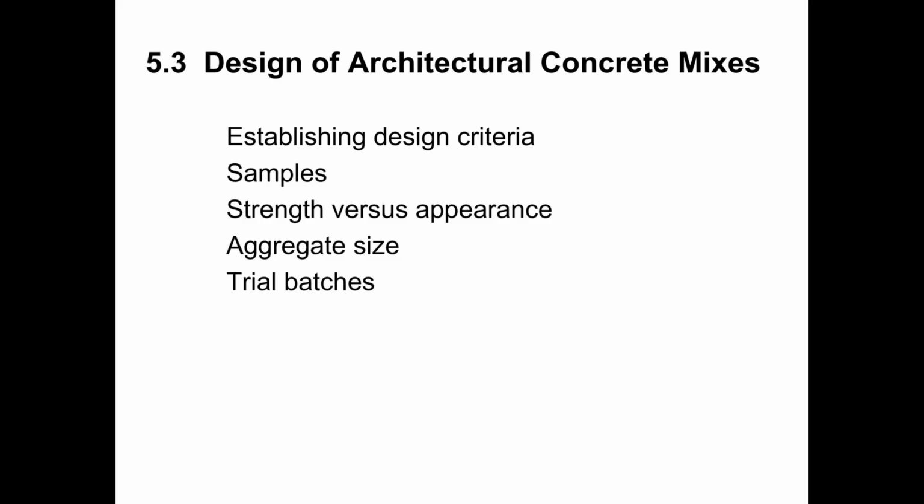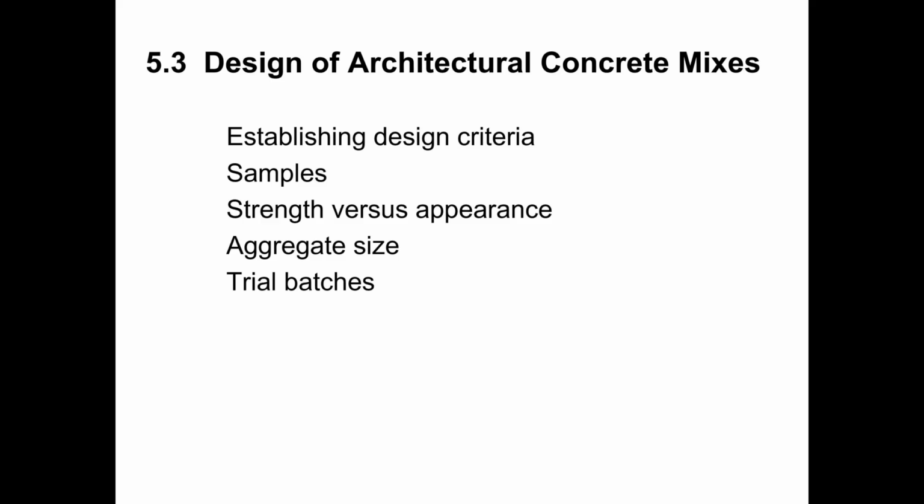This is very common in architectural precast. If you've got a 6-inch panel, then do 2 inches of architectural face mix and 4 inches of gray concrete. That saves a little bit of cost, but still gives us the same appearance that the owner is looking for.